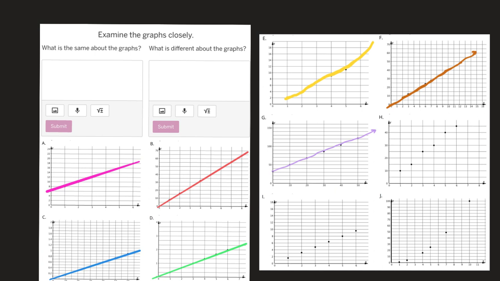Let's look at H. We go up, then we go there, up, there. So this one was kind of like a little step ladder. That one wasn't straight for sure. It's going through 0, 0, but it wasn't nice and straight. So that was a problem.